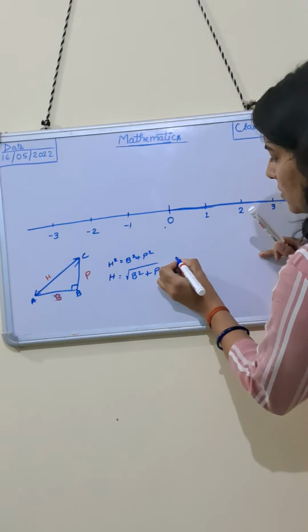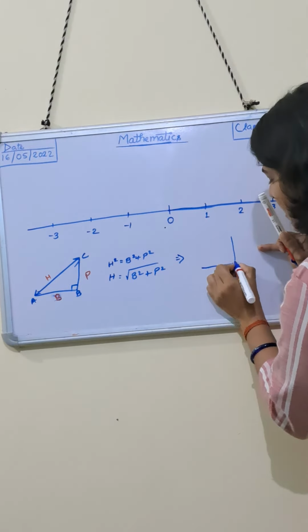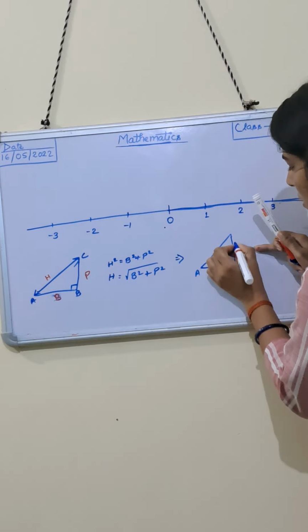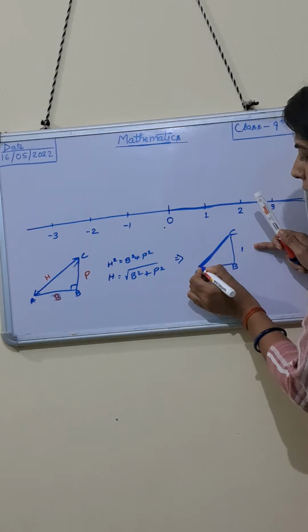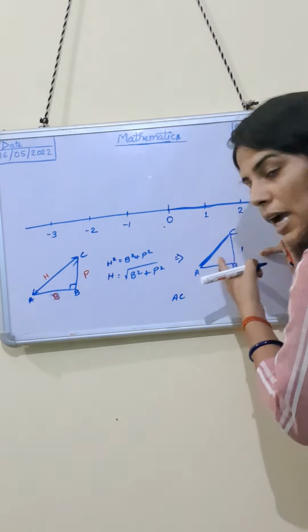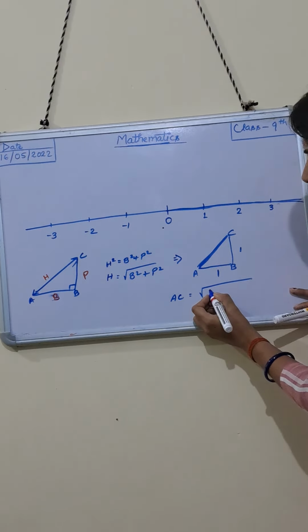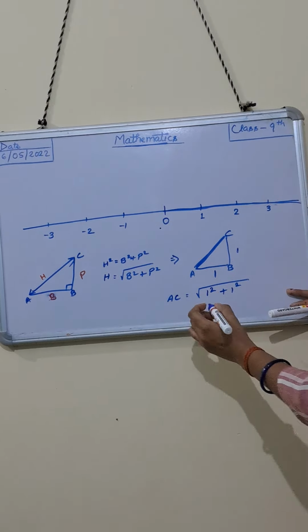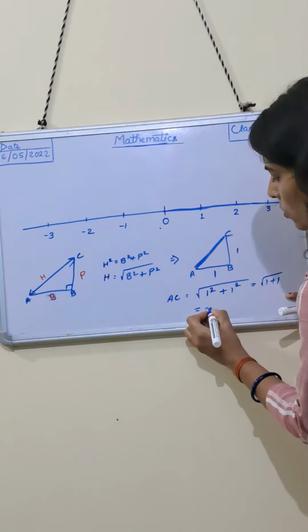Okay. So, here I will take one example. If I take that in this triangle ABC, AB is 1 and BC is 1, then what will be AC? AC is the hypotenuse, that's why AC will be under root of base square plus perpendicular square, that is, under root 1 plus 1, which is equal to under root 2.